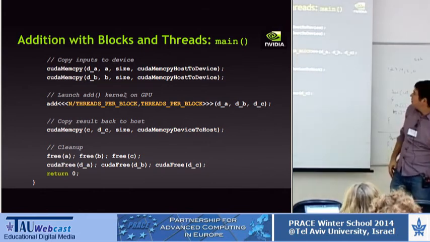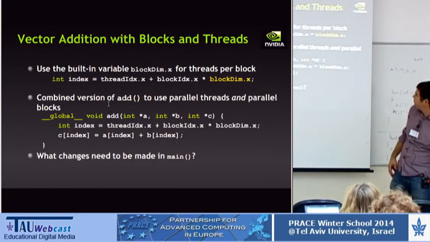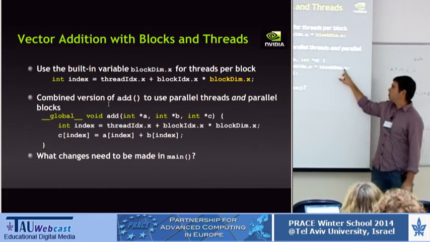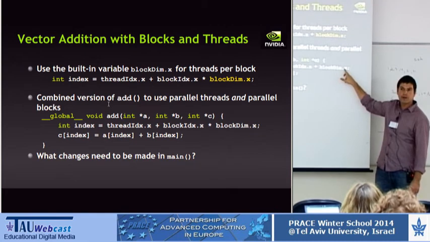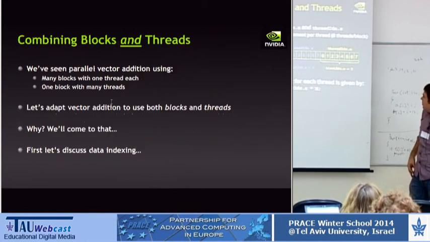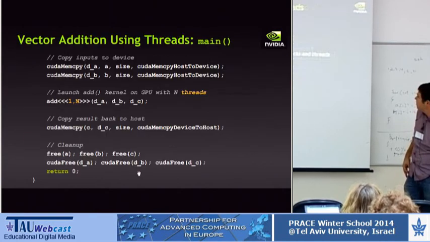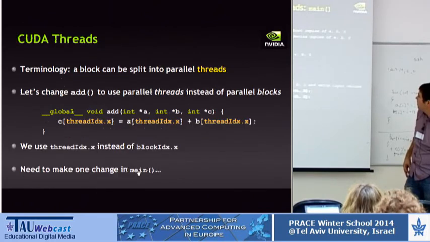Okay? So, take a look at this and tell me, what is this? Block.x, what do you think is the value here? 512. And this is the 512.